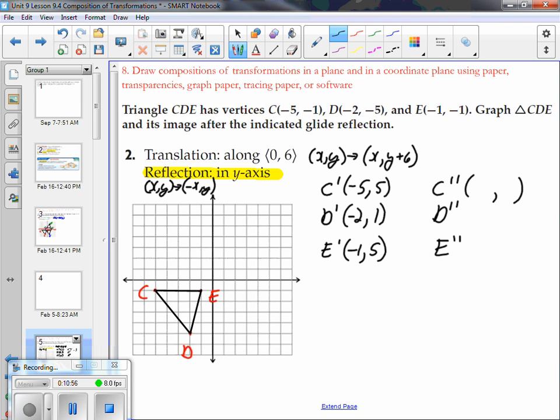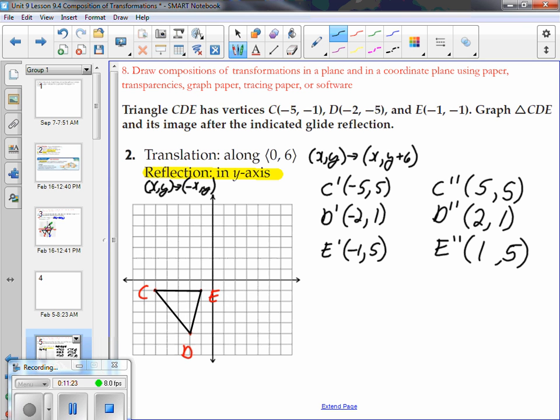So using our new function notation, (x, y) becomes (-x, y). What's the x-coordinate of C double prime? 5. And what's the y-coordinate? Still 5. All right, D prime, what's the x-coordinate? The y-coordinate stays 1. And what then are the coordinates of E prime?